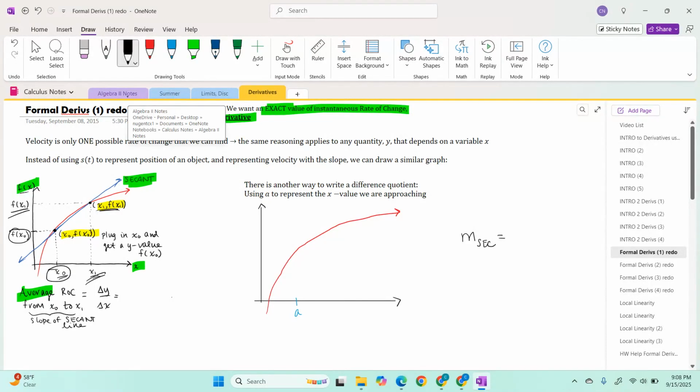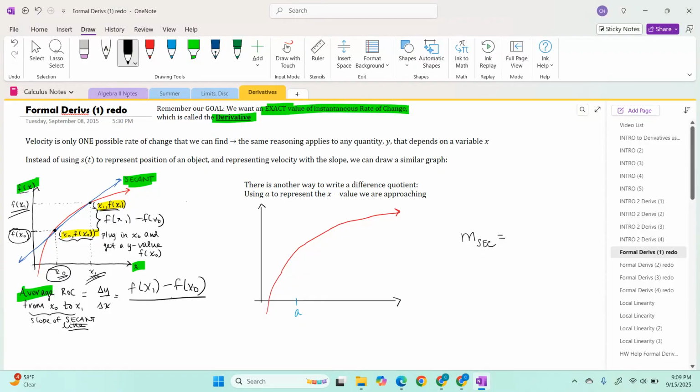And we know how to write slope. It's change in y over change in x. So what I have here is the change in my y values, and here are the change in my x values. So once your diagram's done, why don't you fill this out here? Again, the slope of the secant line right here. Change in y, that would be f of x1 minus f of x naught. That's this difference right here.